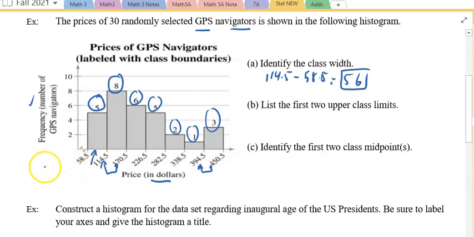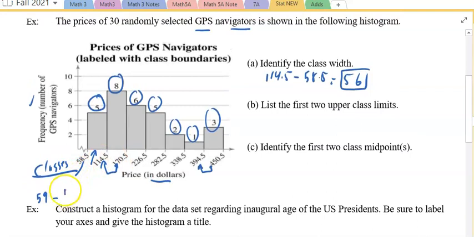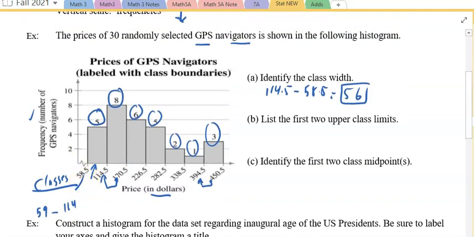If I really wanted to figure out what the classes are, the first one will be really 59 to 114, and for the second, that will be 115 to 170, and the list goes on, if you recall how that works.